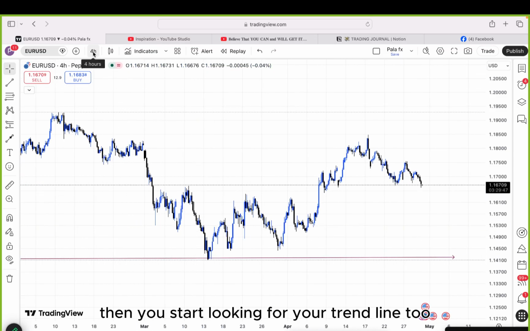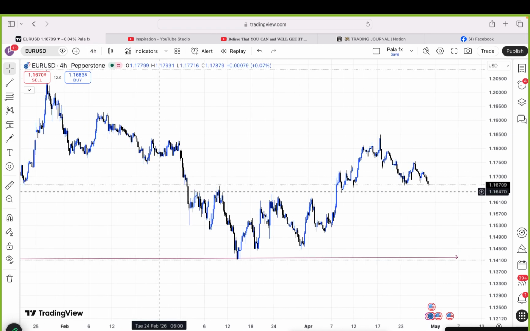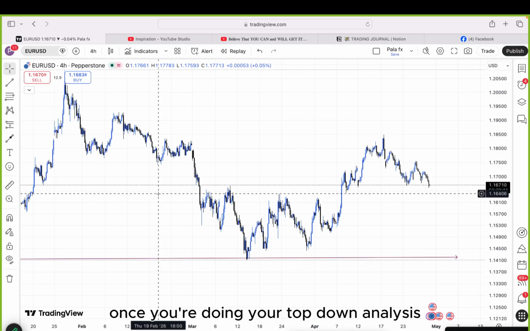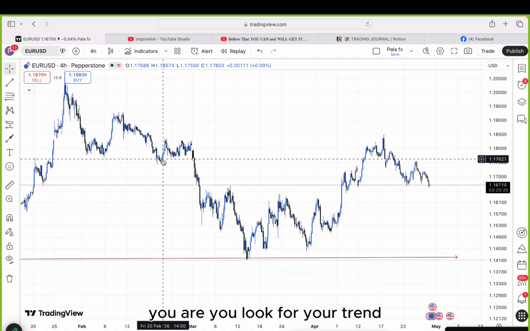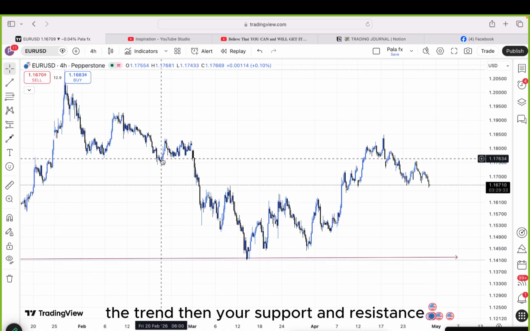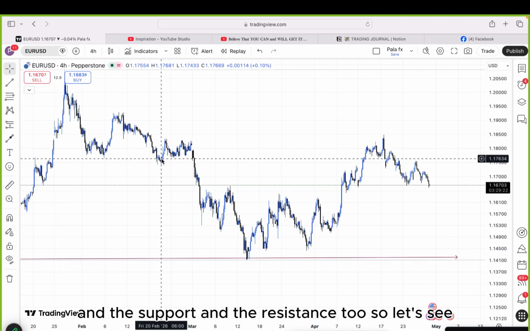Once you are doing your top-down analysis, any time frame you go to, always make sure you look for your trend, then your support and resistance. So in this 4 hour time frame, we are going to look out for our trend line and the support and resistance too. So let's see.